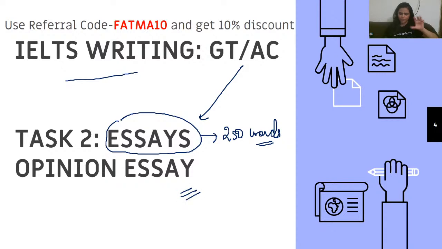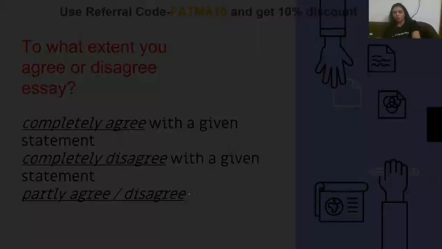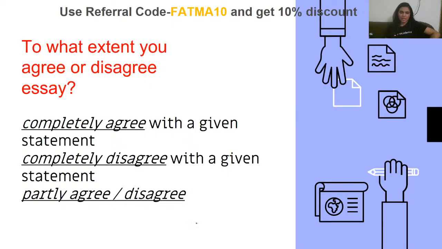Now, opinion essay में एक सबसे critical problem होता है about one format of the question. Whenever they ask us to what extent do you agree or disagree, okay, that makes our life very, very difficult. Now, ideally, in your opinion essay, it's not necessary that you completely agree or you completely disagree.